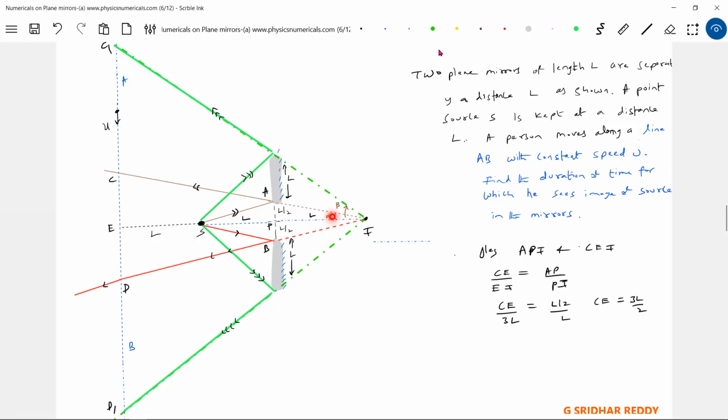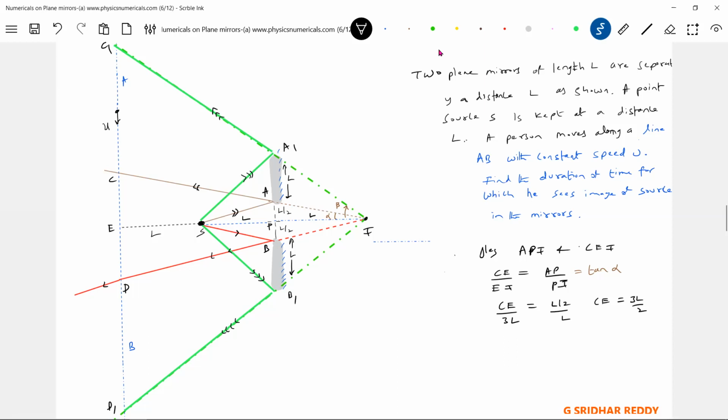Tan alpha, what can you write for tan alpha? It's CE by EI. Similarly, what is tan alpha? AP by PI. Some are asking, sir, how are you writing this from tan alpha. Similarly, look at the similar triangles A1, this is B1.